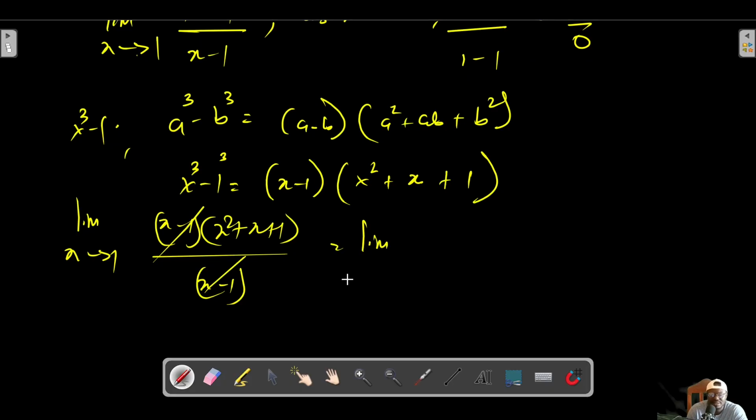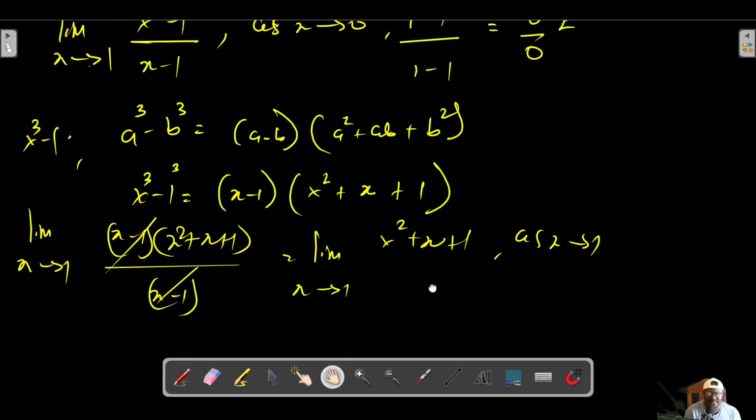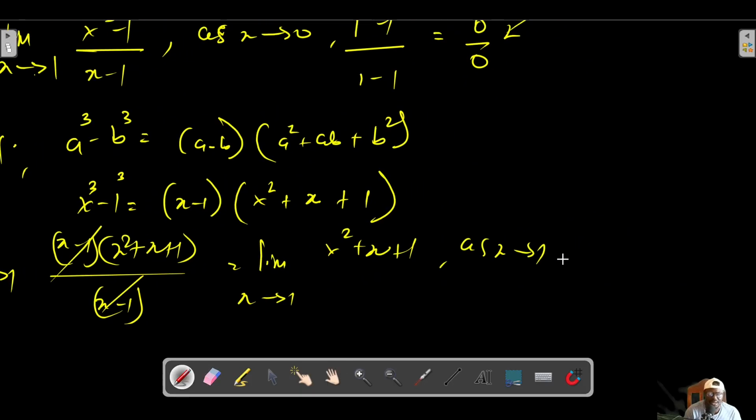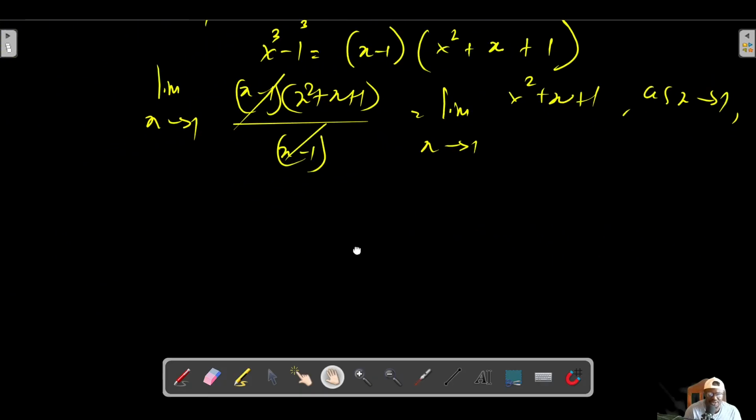We end up with the limit as x approaches 1 of the expression x squared plus x plus 1. So as x approaches 1, what do we get? We get 1 squared plus 1 plus 1. Our answer is 3. This is also quite simple.